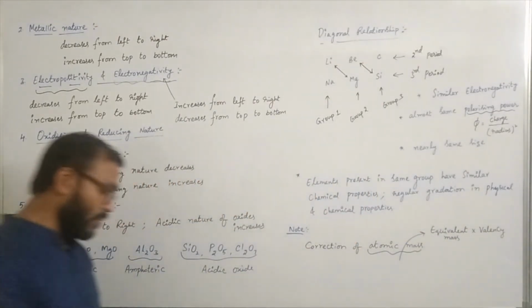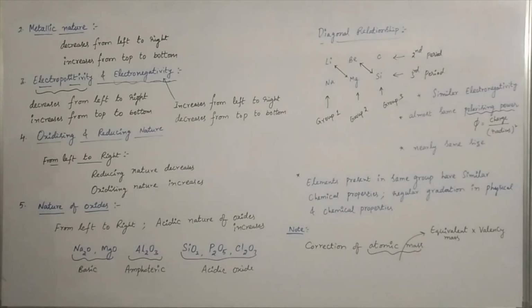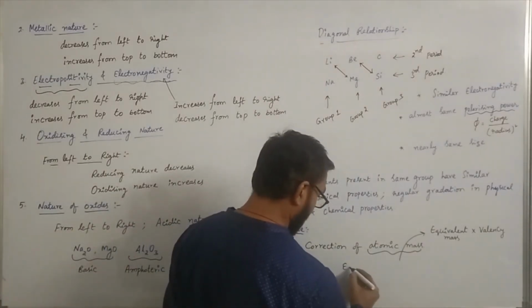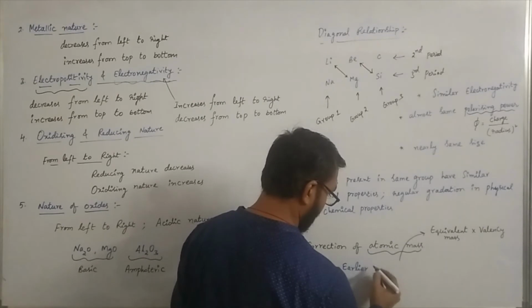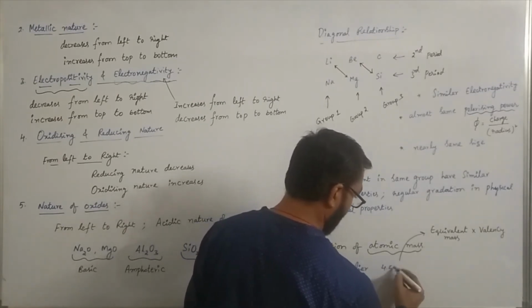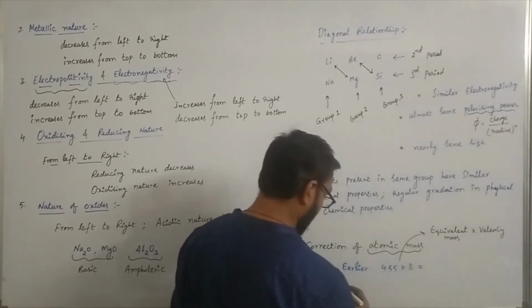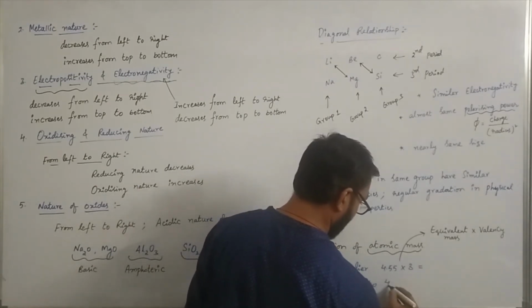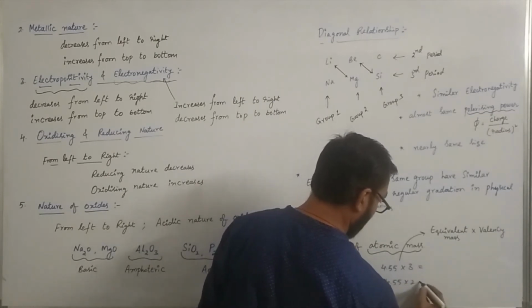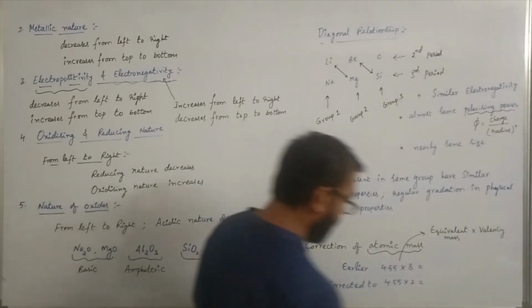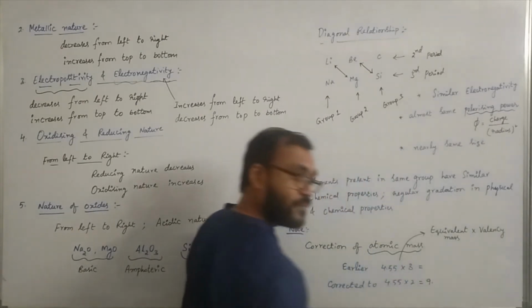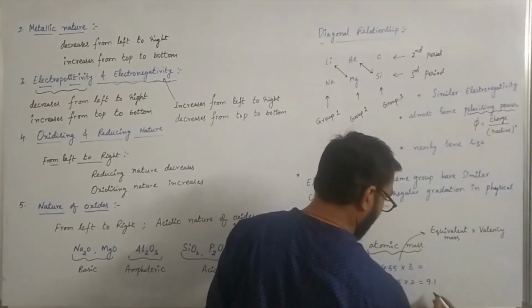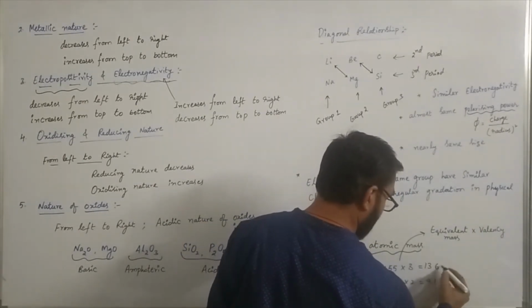So what was the earlier atomic mass of beryllium? 4.55 into 3, whereas it was corrected to 4.55 into 2, which equals 9.1, whereas earlier it was approximately 13.65.